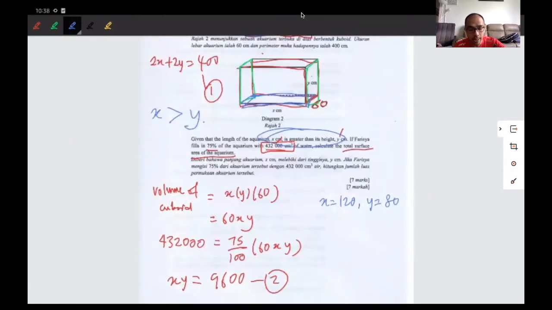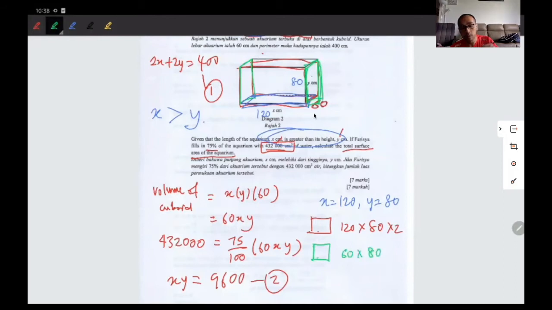Now, if x is 120 and y is 80, then the red surface area will be 120 times 80 times 2, because there are two sides. The green on the side is 60 times 80 times 2.